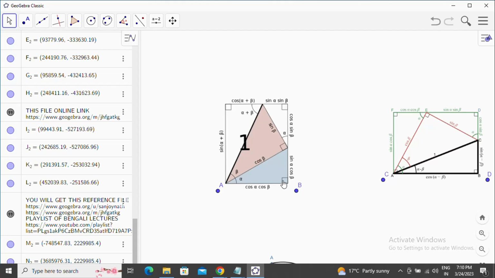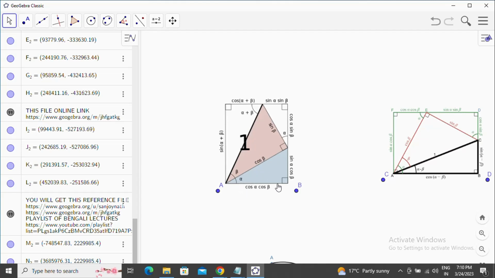So L cos beta into cos alpha. This is shown wrong; cos alpha should come later. It should be written as L cos beta into cos alpha, which means cos beta is done first, then cos alpha is done second.